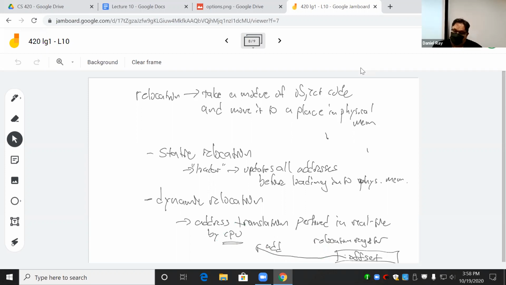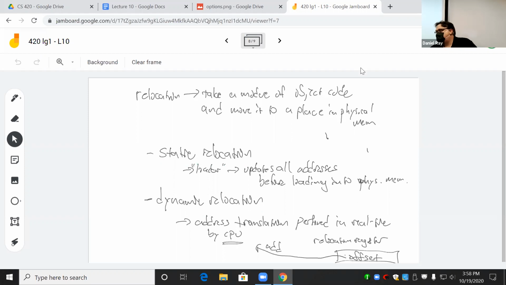As opposed to what? The other option is to put the overhead where? Before you finish loading the program into physical memory at all. Do the overhead there.